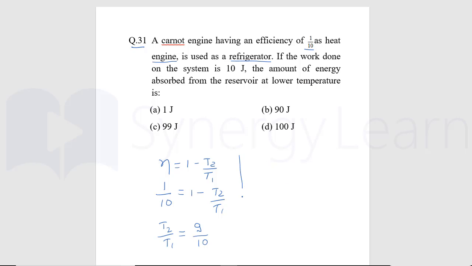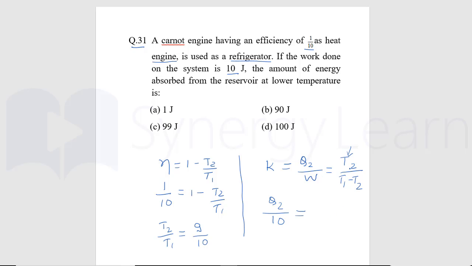Now, in case of refrigerator, the coefficient of performance is heat rejected by work done, which in case of Carnot refrigerator is T2 divided by T1 minus T2, where T2 is the lower temperature. So, Q2 by work done, the work done here is 10 joule, is T2.